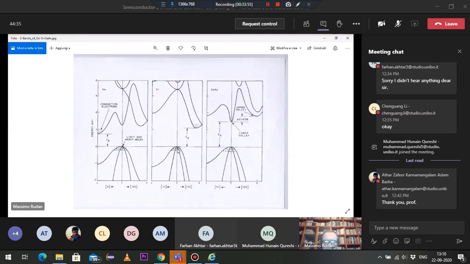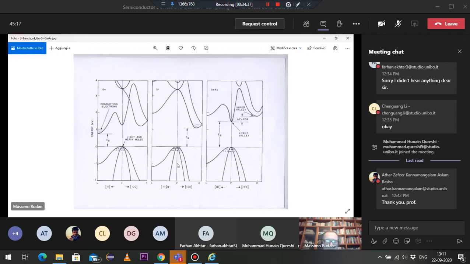When an electron is missing, we expect to have, in quotes, a positive particle because there is a missing electron. The electrons are missing only near the top, whereas the states that are lower in energy of the valence band are occupied. So the valence band, like the conduction band, is partially occupied, and it is able to contribute to the electric current.